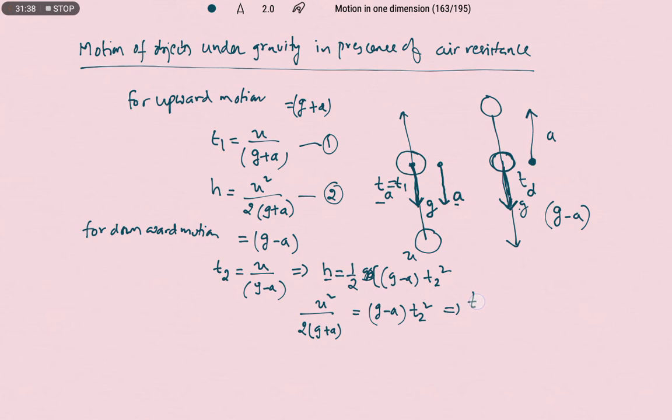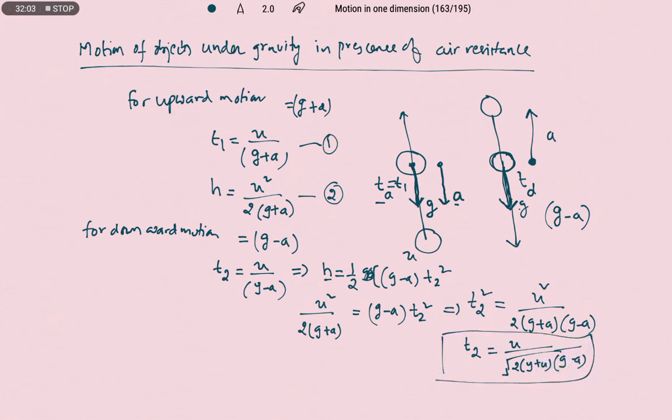Therefore t2 square is u square by 2 times g plus a into g minus a, and therefore t2 is u by under root of 2 times g plus a into g minus a. So now let us compare equation number 1 and 3.